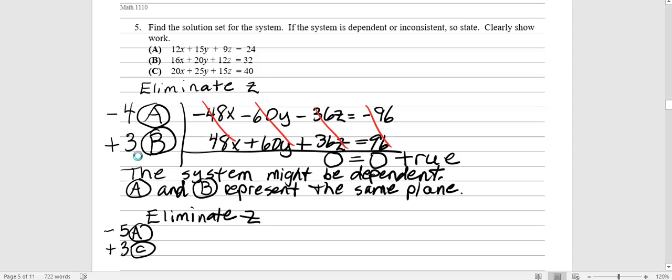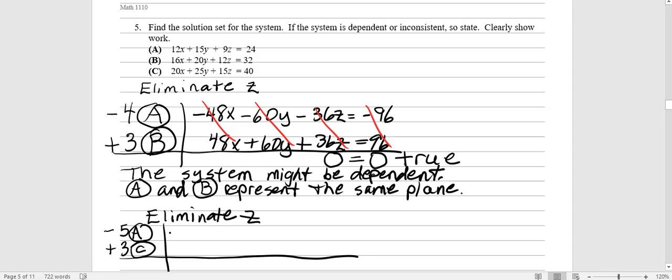So I'll get the opposites that I desire. I focus on one variable, even though it may turn out that more than one variable is eliminated. Since I already eliminated z using A and B, I want to focus on eliminating z again involving C. I could have used either A and C or B and C.